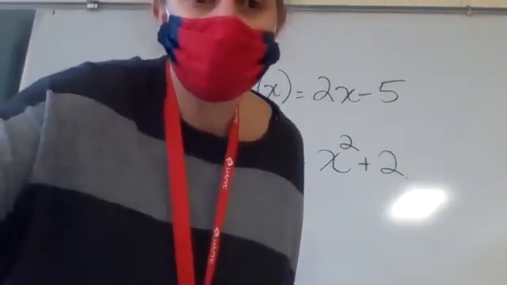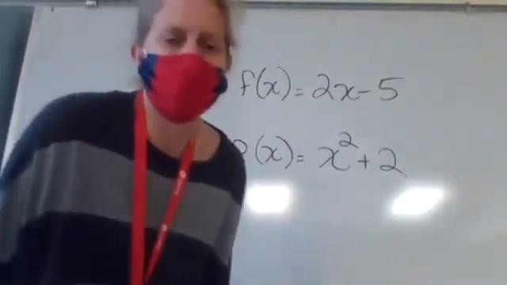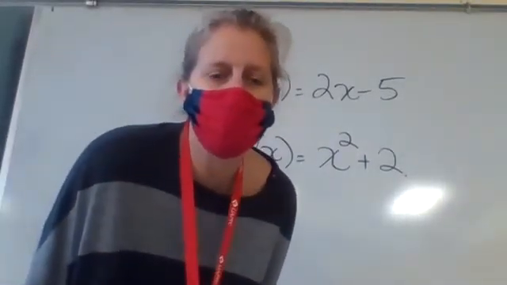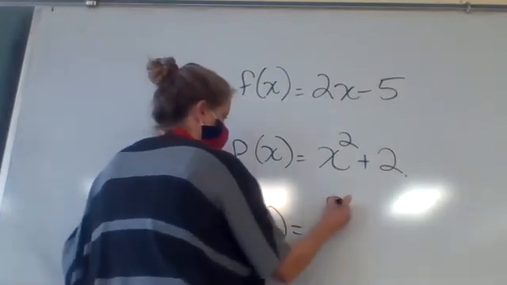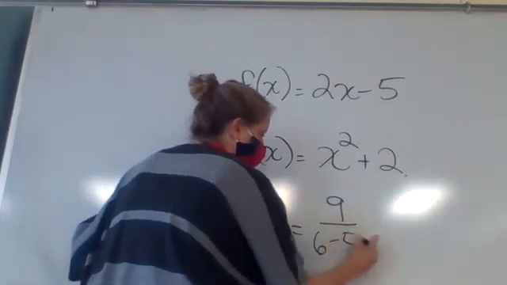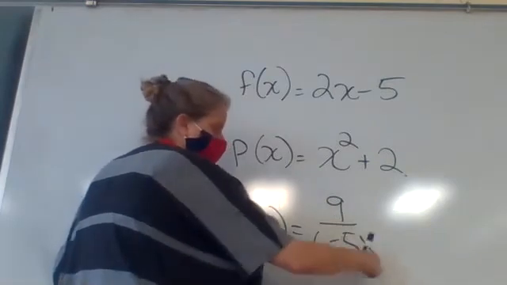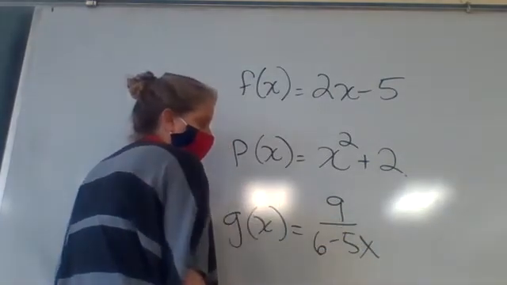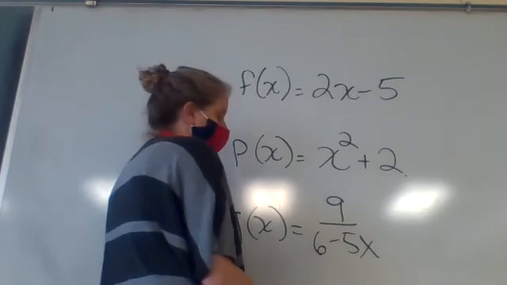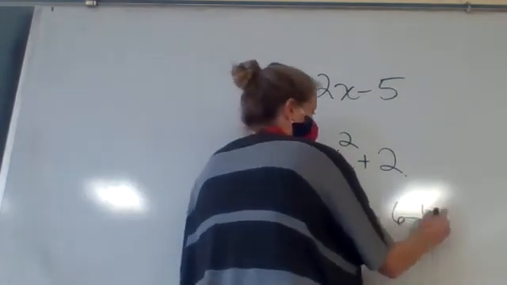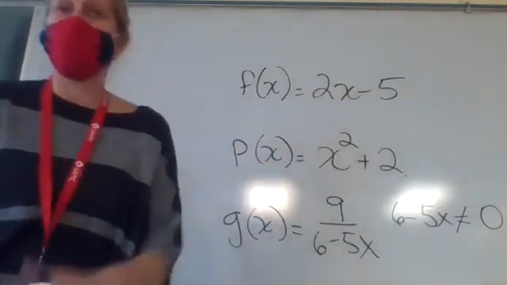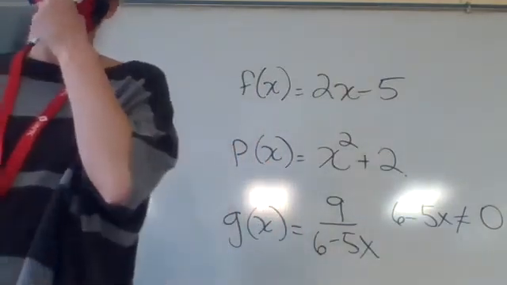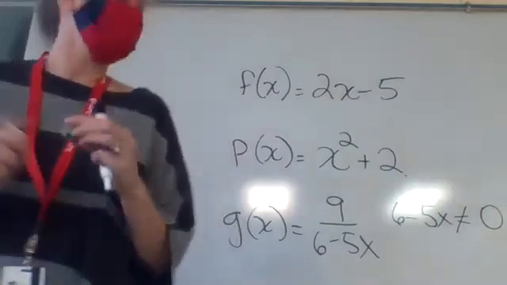Again, once you get to 6, you've got g of x equals 9 over 6 minus 5x. Here's where I see a concern. I've got an x in my denominator, which just means I need to say, okay, well, 6 minus 5x cannot equal 0, and then solve it to see what x cannot equal.